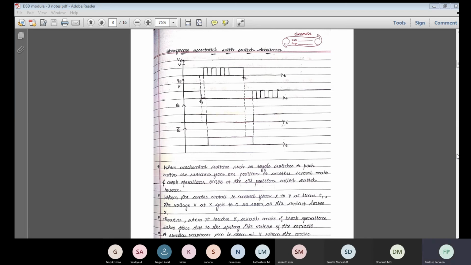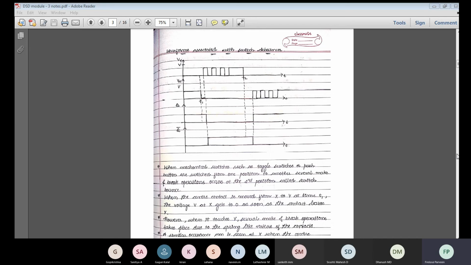See, this is important actually. Switch debouncer using SR latch is very, very important. If you all are having any doubts, kindly ask. Who will explain me now?